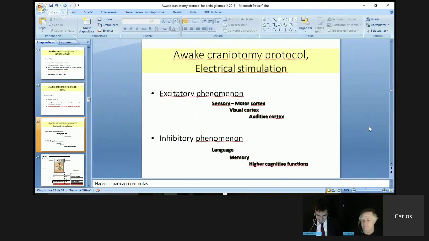So we can use electrical stimulation, which will show an excitatory phenomenon in the sensory motor cortex, in the visual cortex, and in the auditory cortex. And we will demonstrate an inhibitory phenomenon in language, memory, and higher cognitive functions.